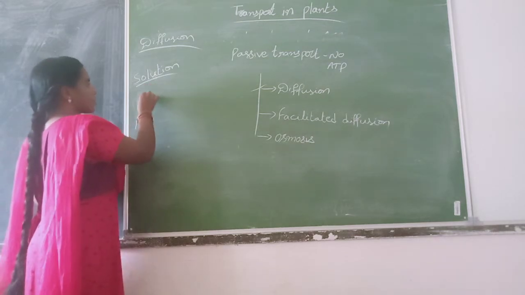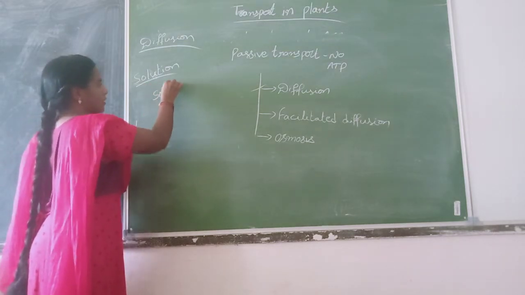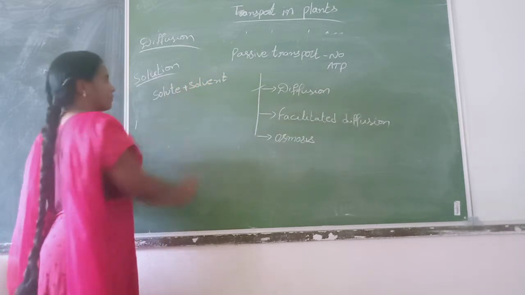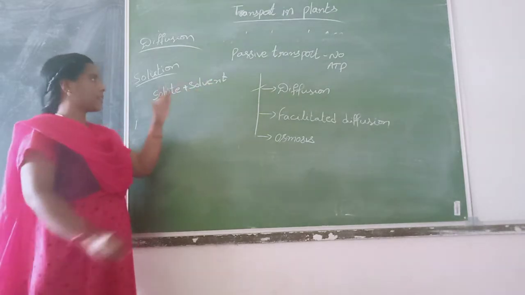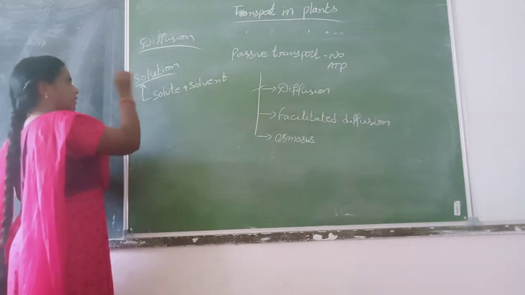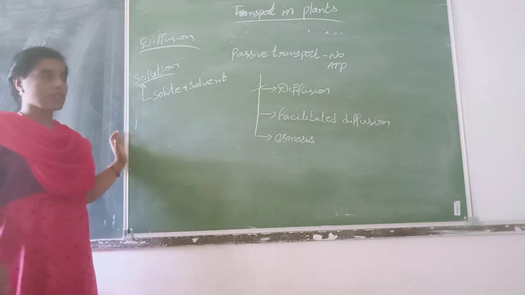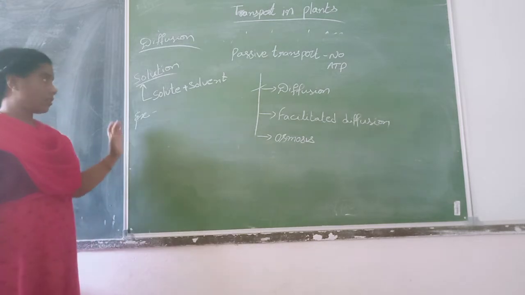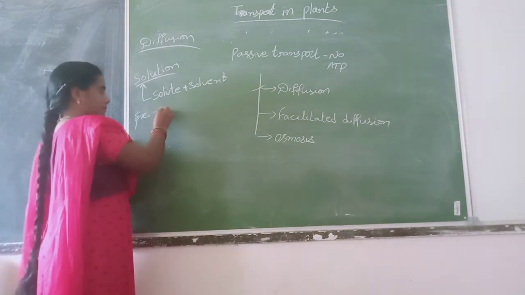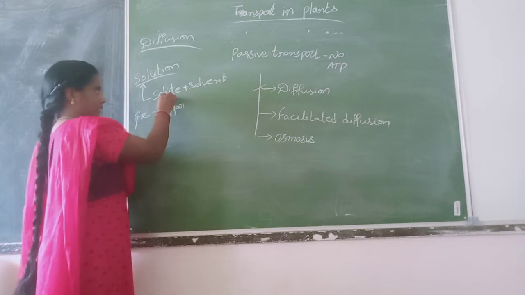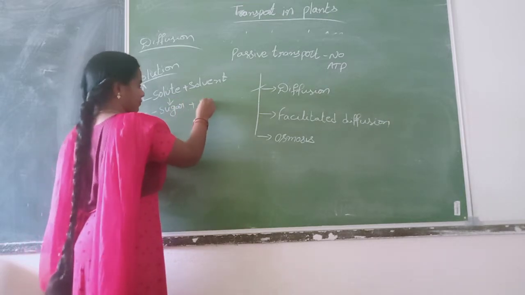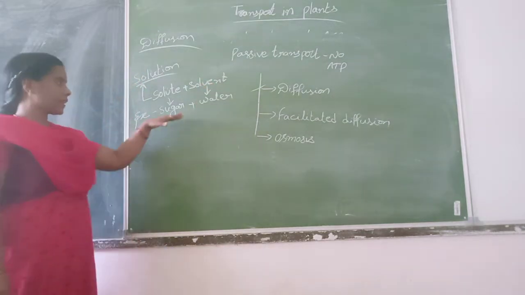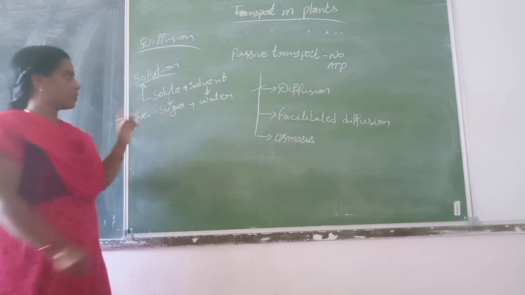Solution is a composition of solute and solvent. Solute and solvent, these both together form a solution. For example, if we take sugar solution, sugar is the solute and water is the solvent.